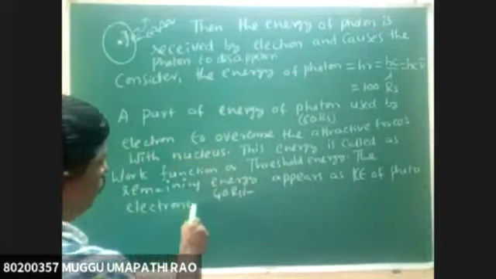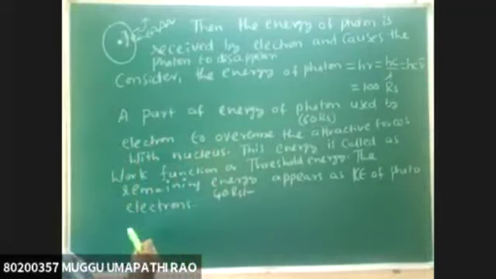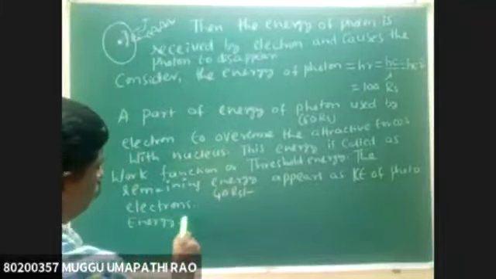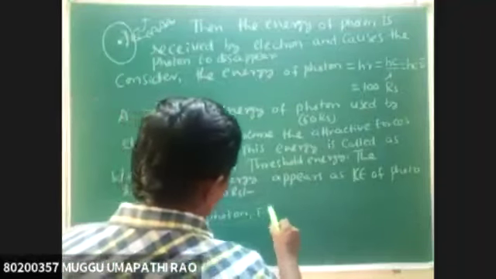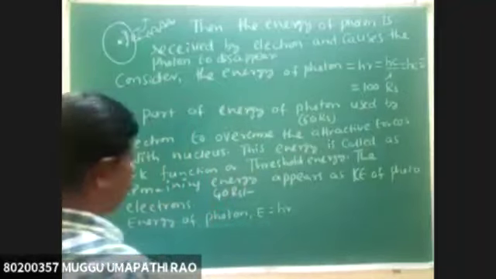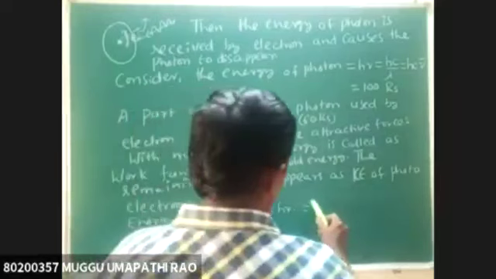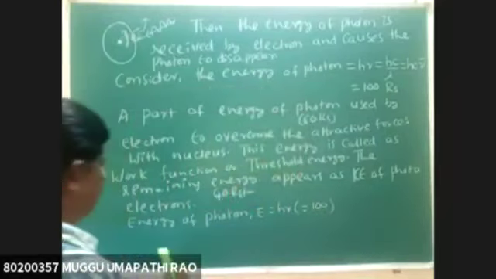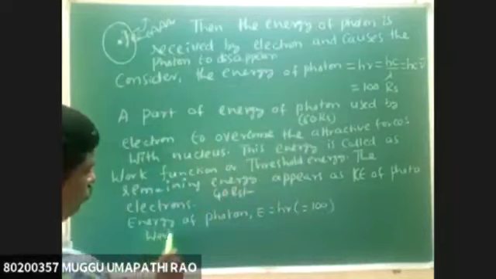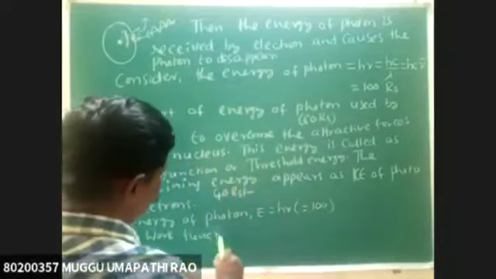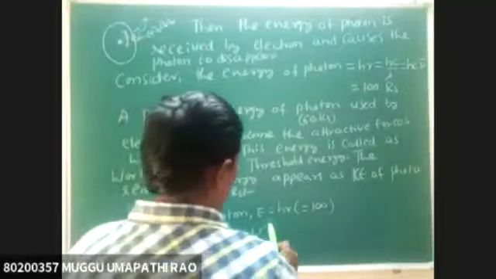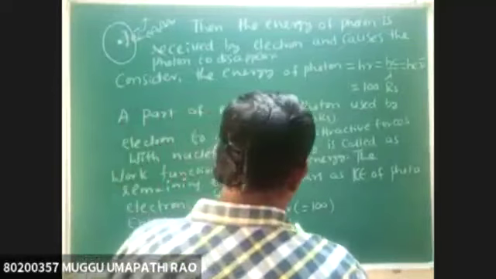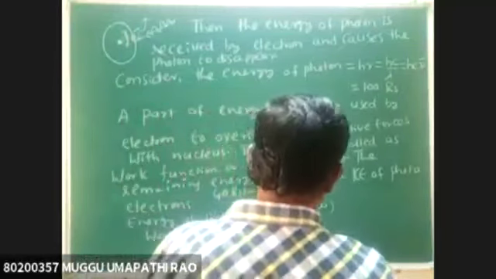So what I am saying simply, the energy of the photon, E is equal to h nu, and it is 100 rupees. Am I correct? The work function is denoted by W. It is also called threshold energy.